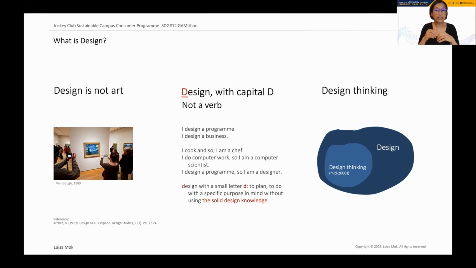How about we also let non-designers think like designers so that they can solve their problems in a creative way. So that's why they phrased the term design thinking for non-designers. It is something extracted from the whole spectrum of design. Okay, so this is some basic understanding about design.